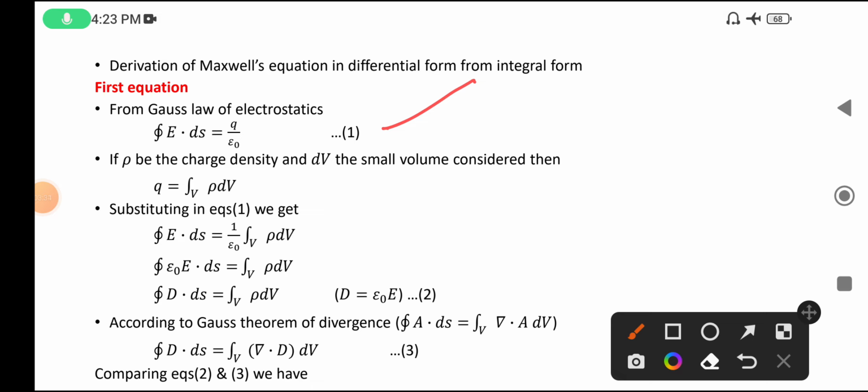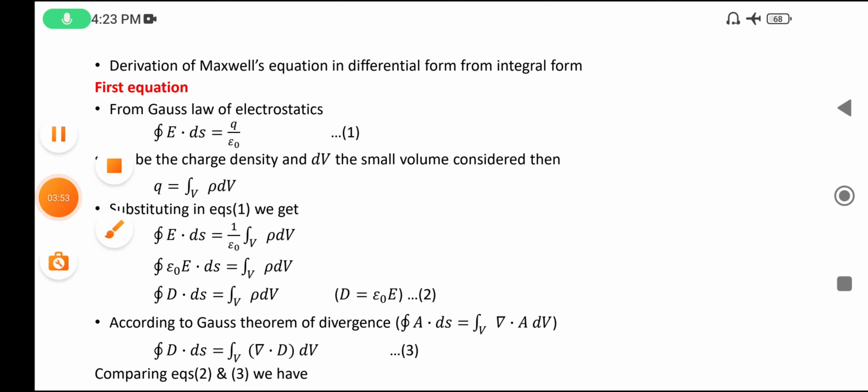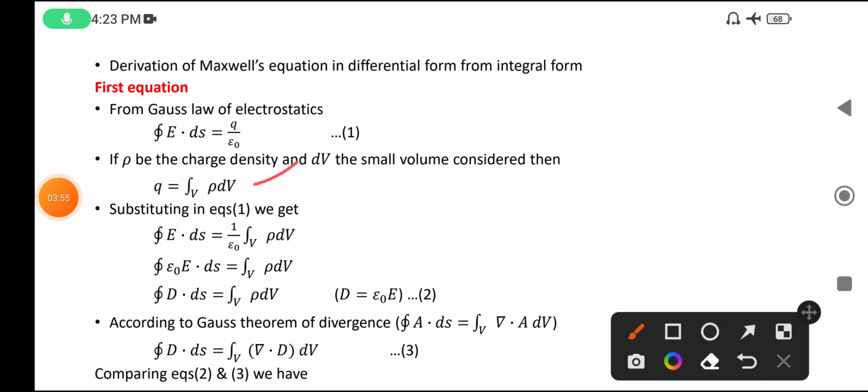Integral E dot dS equals q by epsilon naught. If rho is the charge density and dV is the small volume considered, then we can write it like this. How did we get this?